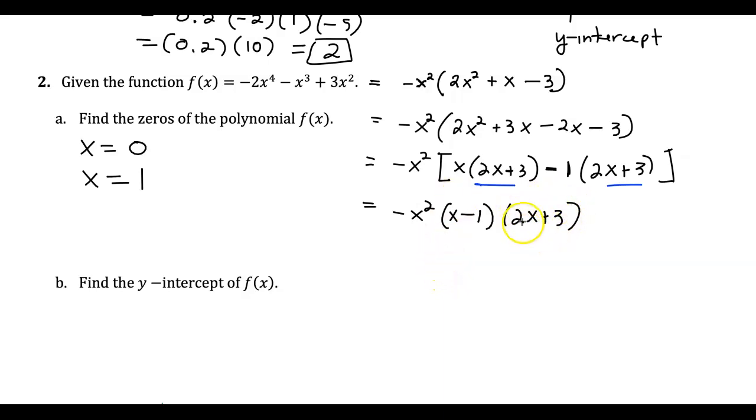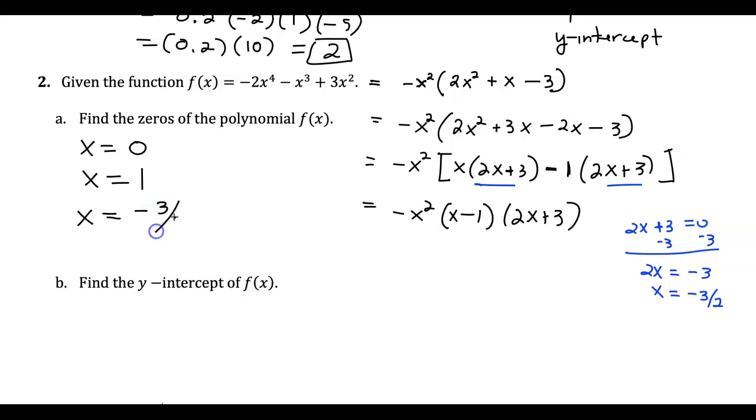And we also can solve this little equation too, when 2x plus 3 equals 0. What is the value of x? Well, you would subtract 3, get 2x equals negative 3. Therefore, x is negative 3/2. So the other root here, or the other 0, or x-intercept, however you want to call it, is negative 3/2. Okay?